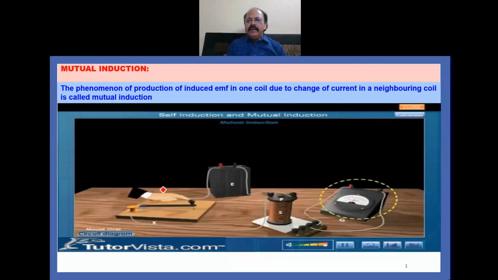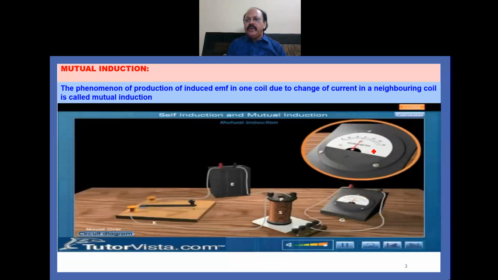And you see here, when we press and release, what happens? The galvanometer shows deflection. So by pressing and releasing the key, the galvanometer shows a deflection. You can see here. It means the current is flowing through the primary coil, and due to the change in the current in the primary coil, there is a change in magnetic flux linked with the primary coil.